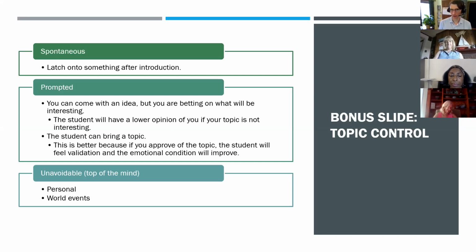Then again, there's unavoidable topics. So Donna mentioned that it's hard to teach a student who's worried about something. Maybe they're worried about money, maybe they have a medical problem. So personal things that happen in their life you can't avoid. Top of my student's mind today, she had a fight with that person. So the first thing she's talking about is, oh, how are you? Oh, you know, I'm kind of mad. But then there's also world events. So for the past 3 months, I think every day I've talked about the coronavirus.